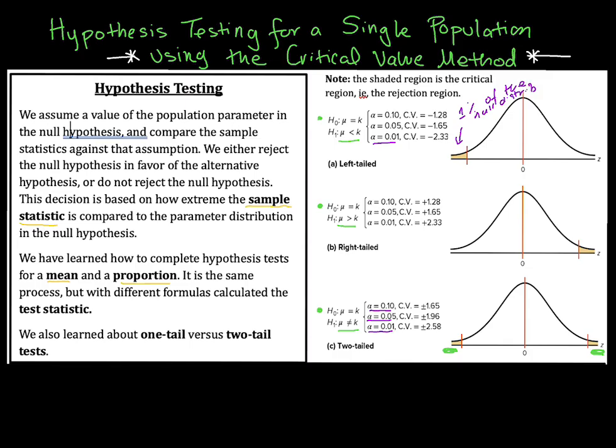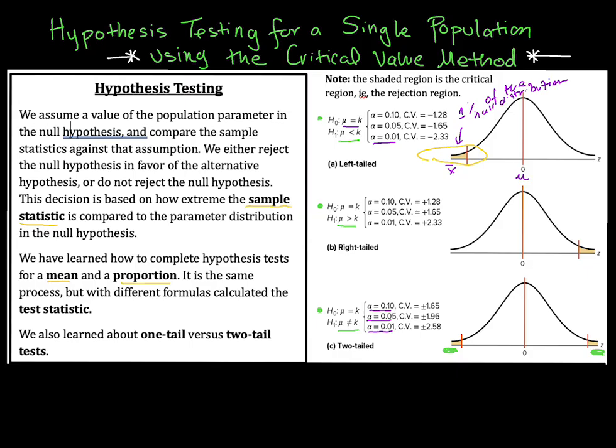So if we assume the null hypothesis distribution is true, where the mean equals that specific value, the mean is in the center. And if we get our sample mean somewhere all the way out here, under the assumption of the null hypothesis, there should only be a 1% chance of getting a mean value that's in this area.